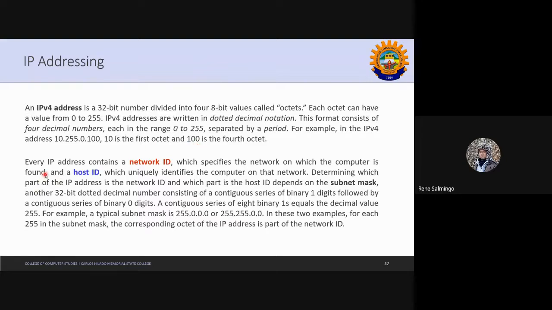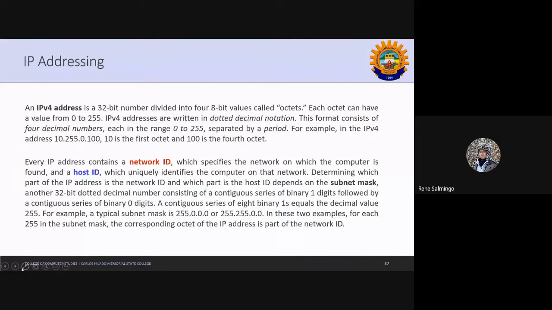So every IP address contains a network ID, which specifies the network on which the computer is found, and a host ID, which uniquely identifies the computer on the network. Determining which part of the IP address is the network ID and which part is the host ID depends on the subnet mask.